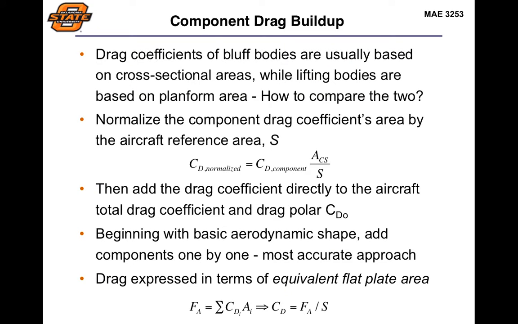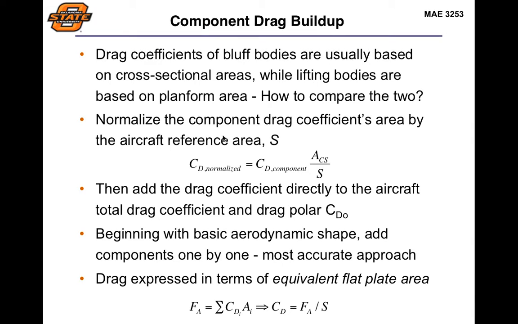If you recall, what we're trying to do is develop a component drag buildup process. As we talked about in class, we will try to use a library of different drag coefficients for various shapes, each of which has a certain reference area, and then we normalize that by our reference area for the aircraft, which is the wing area.